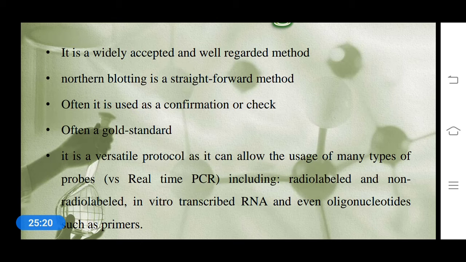It is also a versatile protocol as it allows the usage of many types of probes. Like real-time PCR, we can use many types of probes, including radio-labeled and non-radio-labeled in vitro transcribed RNA, and even oligonucleotide primers can be used as probes.